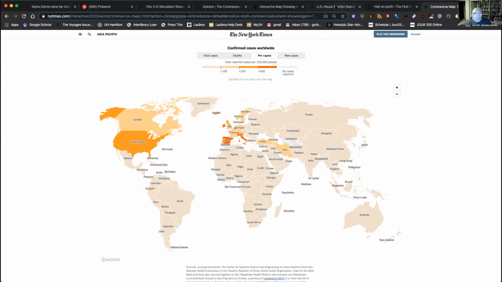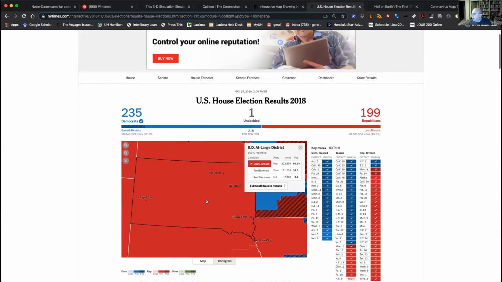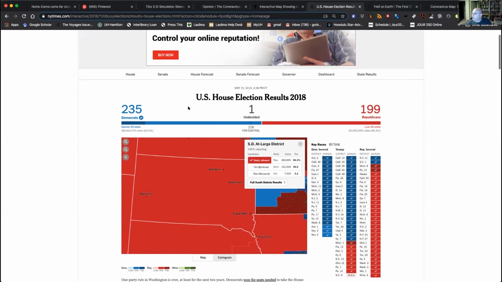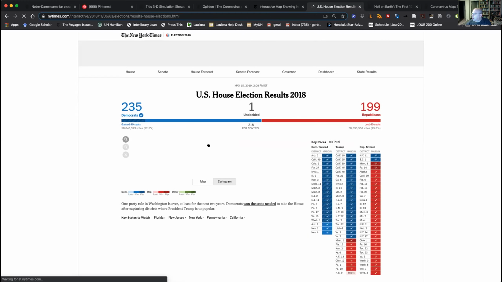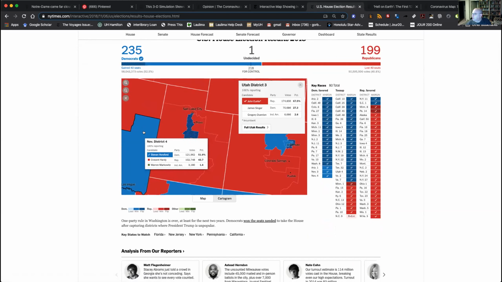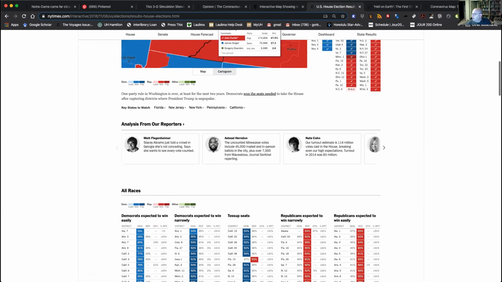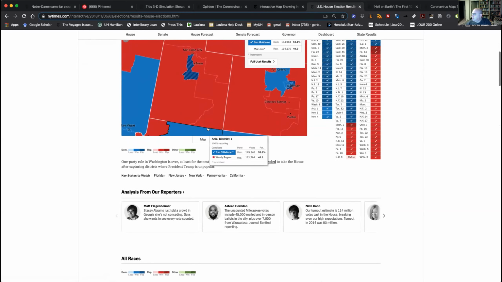Or this map, which is also interactive and allows you to drill down and see different aspects of how the 2018 elections turned out. And then you can drill down into the details of the information here.